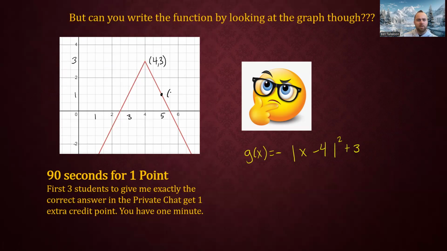There we go. So, how far did we go? Rise of 3 to 1. That's 2. Down 2. And then run 4 to 5. That's 1. We don't need to worry about the positive or negative because remember, that just determines if it's flipped or not. So now we put a as 2, and there is our function.